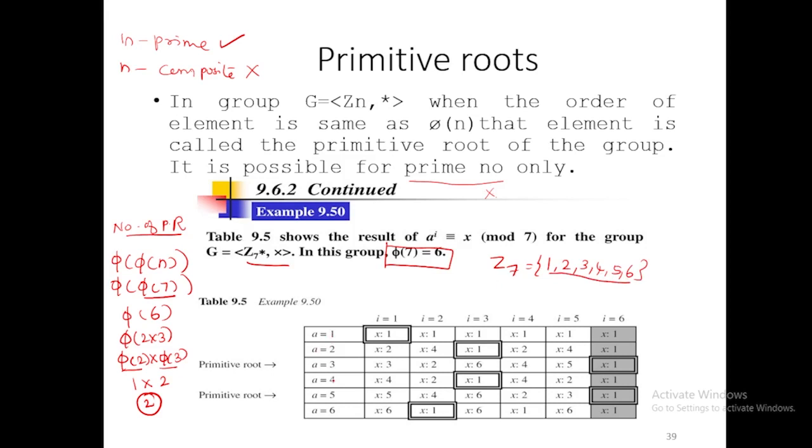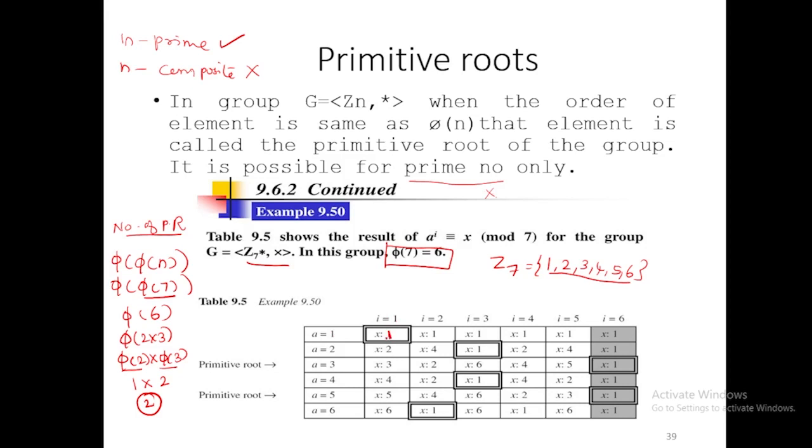So I am writing the element a from 1 to 6 and its power from 1 to 6. You do the multiplication operation and write the remainder value here. Then you check whether any remainder 1 is available. If the remainder 1 is available at first, then you write its value.